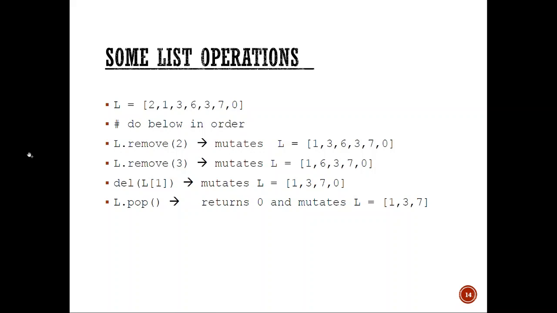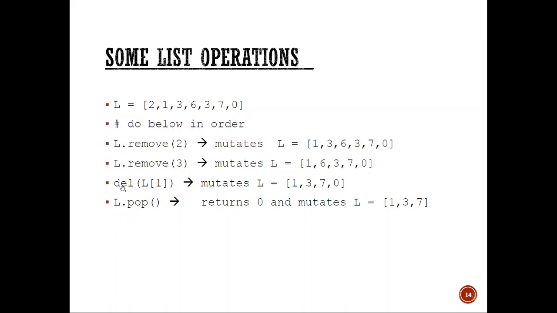These are examples of these different operators. So we can see we defined L as a list, then we remove the element 2, so it removes the first element, now L becomes as such. Then we remove element 3, so it removes the first occurrence of this element, which is this one, that's why now L becomes as such.